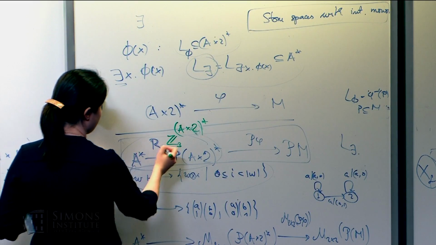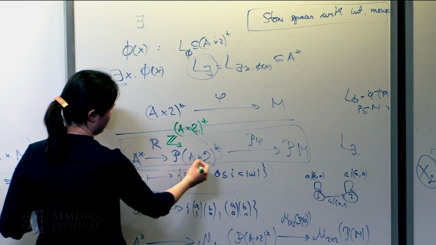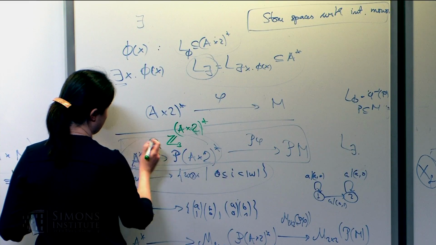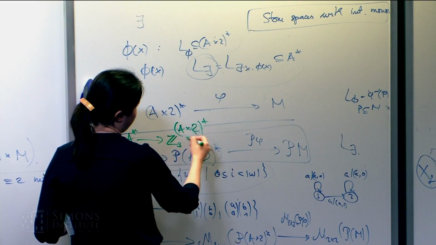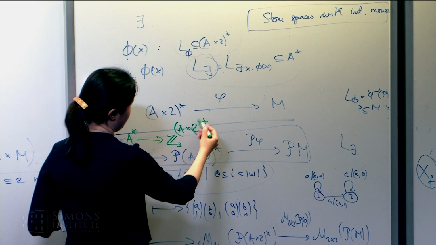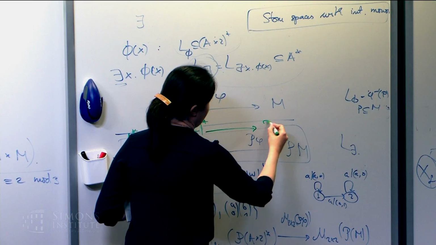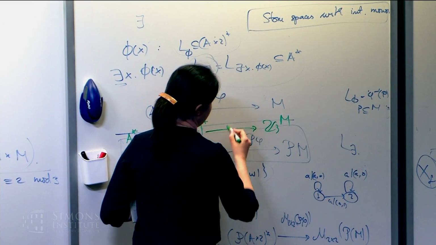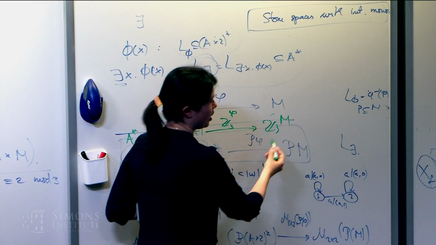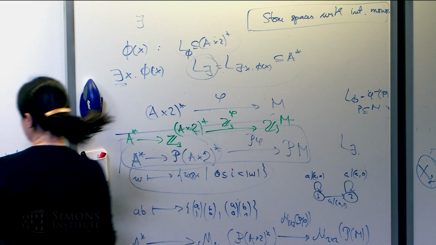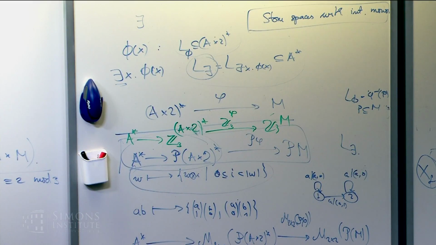So instead of having this relation from A star to power set of A times 2 star, I want a relation from A star to all the finitely supported functions from A times 2 star to Z3. And now if I go to Z3 to M, I obtain again a morphism which recognizes the language L exists.